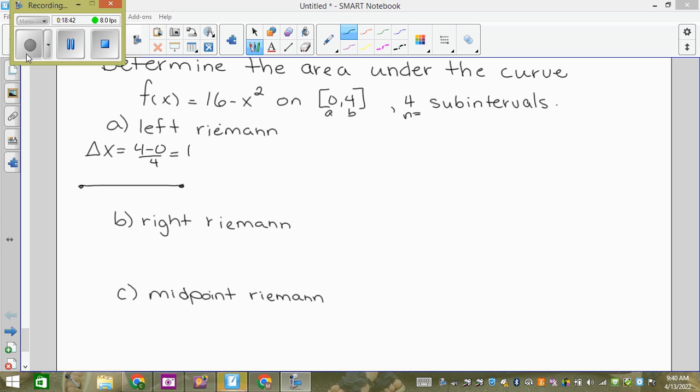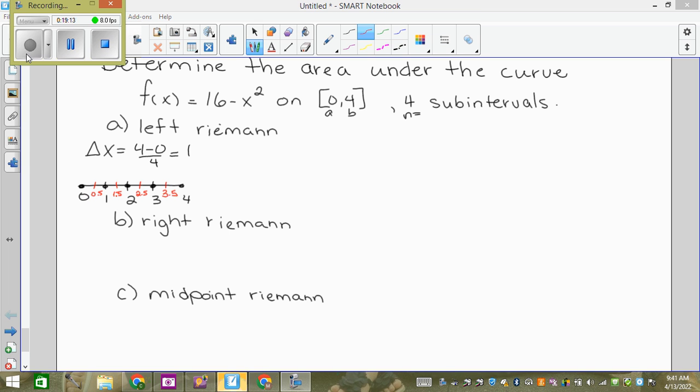I start here, it's 0, then 1, 2, 3, 4. So those are my options for my f's, whether I'm doing left or right. Midpoint is the only one that's a little different. For midpoint, I would get 0.5, 1.5, 2.5, 3.5. But that number line helps me for all of them.